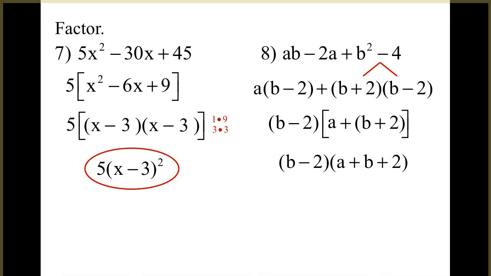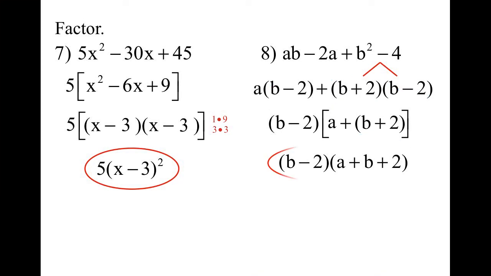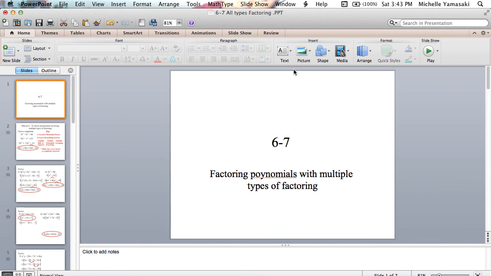Okay, so we're factoring out the binomial factor right here. And what I'm left with is that A and that B plus 2. So I guess it's just plus 1. And I have final answer. There it is. That's the lesson for today.